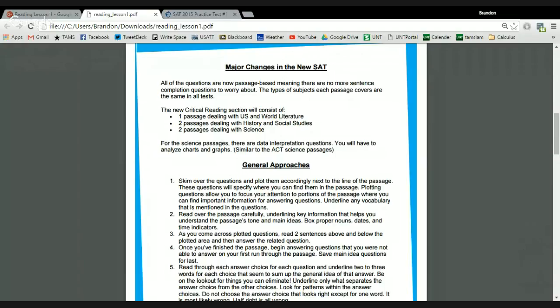B, a detailed depiction of a meaningful encounter. This could be right because it is a meaningful encounter and it was a detailed depiction of it. C, a definitive response to a series of questions. That's not the correct answer. There are actually not a series of questions anywhere. D, a cheerful recounting of an amusing anecdote. Amusing anecdote is too positive for this situation. The answer is B, a detailed depiction of a meaningful encounter.